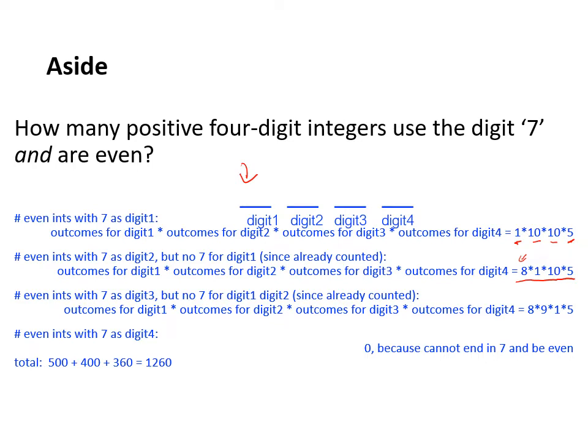We have a similar expression when 7 is at the third place, and when it's at the fourth place, that's not possible because then the number is not even. And so when we add this up, we get 1260, which is what we plugged into that final general rule of sums and computed the final result.